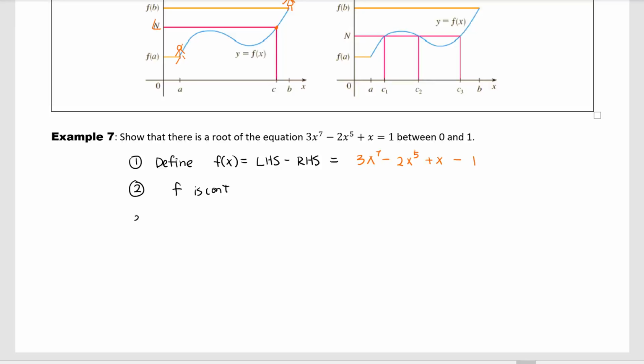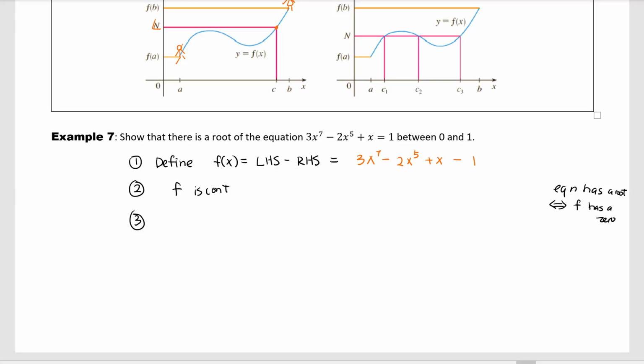Okay, so next, you want to show this equation has a root. The equation has a root, that is the same as f has a 0. A 0 is also a root, okay? The function has a 0.